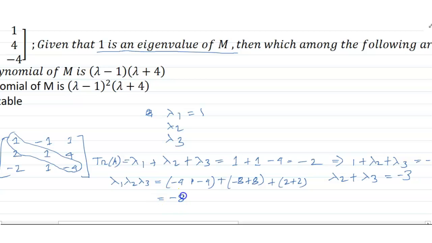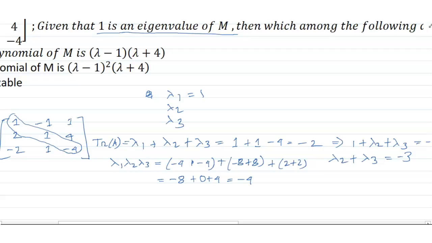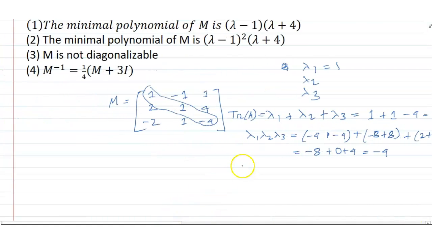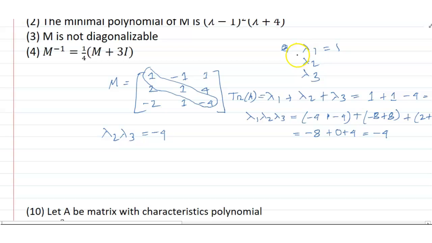So this value is 8 plus 0 plus 4 equals minus 4. So this is my total value, and lambda 2 lambda 3 is equal to minus 4, because lambda 1 equals to 1. Remember this.